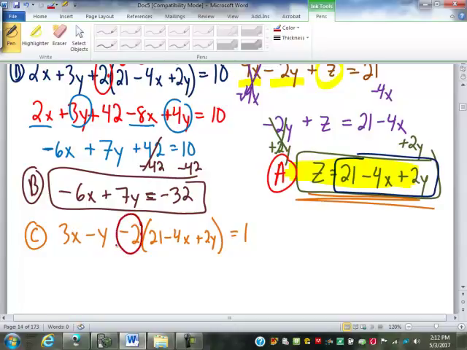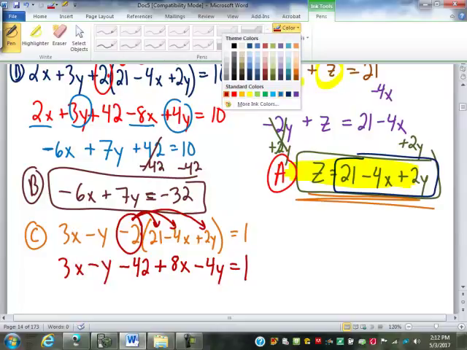And it's a negative 2 this time that I have to distribute. So I've got negative 2 times 21. Negative 42, good. Negative 2 times negative 4x. Positive 8x, good. And negative 2 times 2y. Negative 4y, good. That equals 1, and I have my 3x and my minus or negative y up front yet.